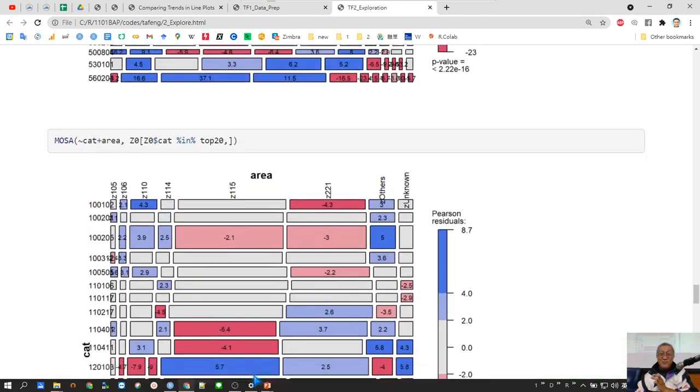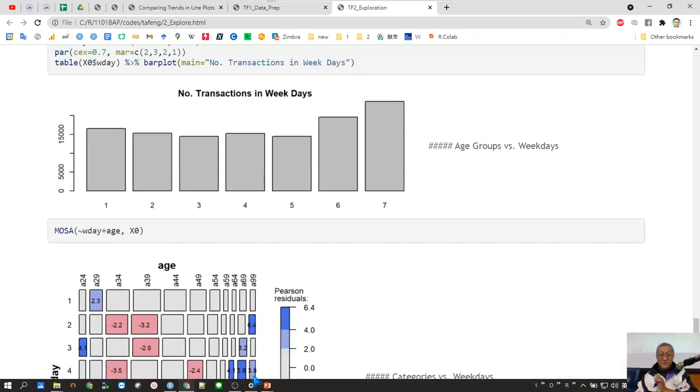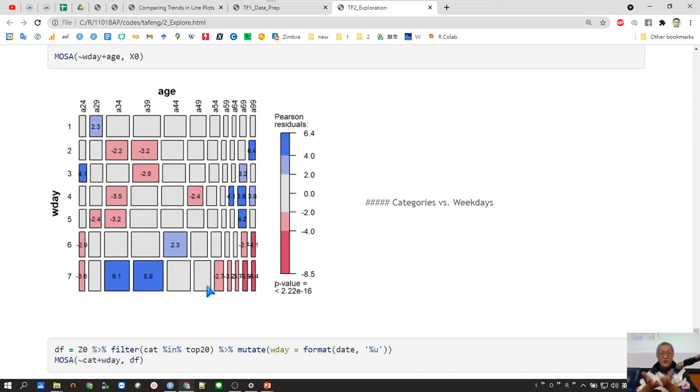And here, as you can see, I put this. What does it mean? This is age group, and this is weekday. So this joint distribution tells us that... Can you tell me what this joint distribution tells us?